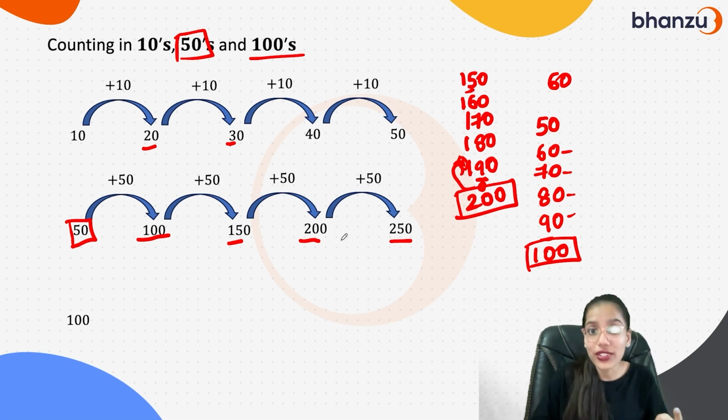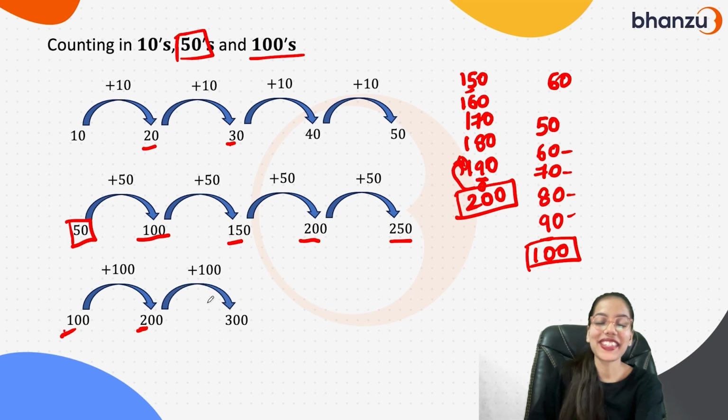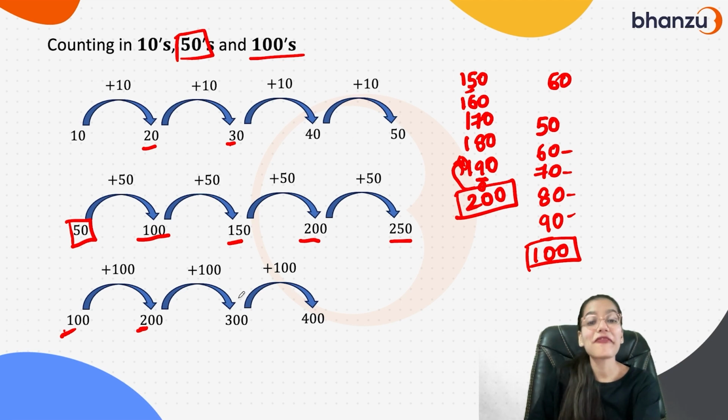So when you're adding 100, which place value should change? Correct, the 100's place value should change. So 100 plus 100 is going to be 200. The 100's place value is changed to 200 now. So 200 plus 100? 300. That's amazing. 300 plus 100 is 400. And 400 plus 100 is 500.